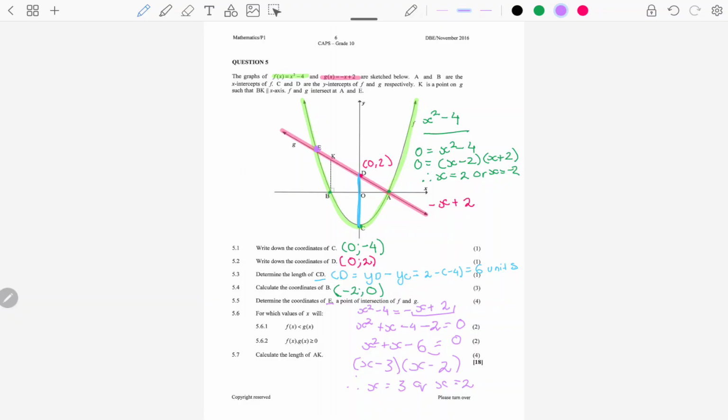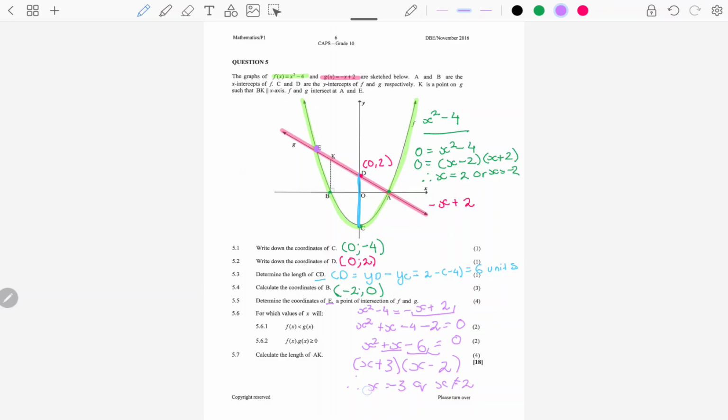So it's x plus 3, x minus 2 in order to give us positive 1 and to give us a negative, because two negatives together gives us a positive, and this is a negative 6. So therefore x can either be negative 3 or x can be 2. Since E is on the negative side of the graph, x cannot be equal to 2.